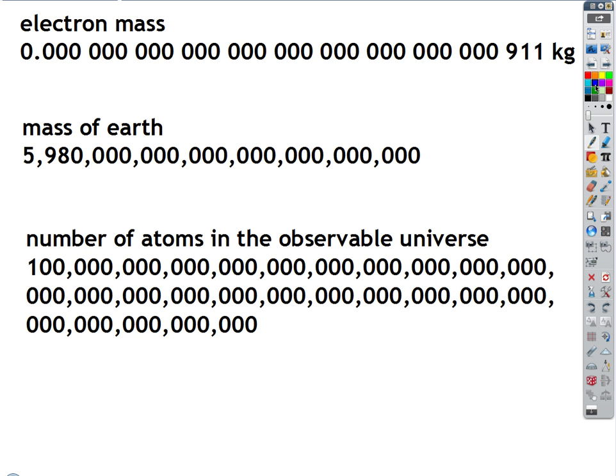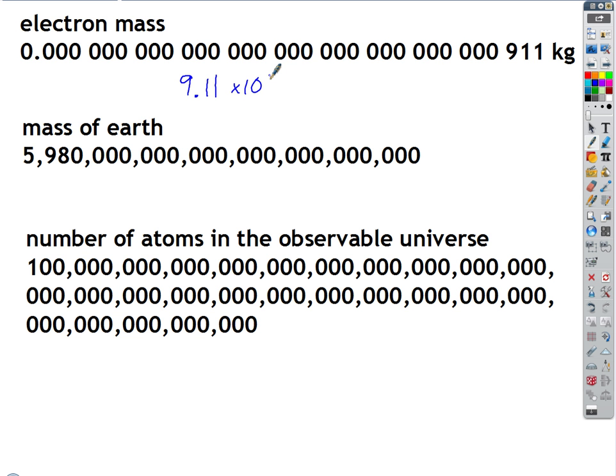So the electron mass, I did try to group this in packets of 3 so you could see. We have to move the decimal over 3, 6, 9, 12, 15, 18, 21, 24, 27, 31. So we get 9.11 times 10 to the negative. How come?